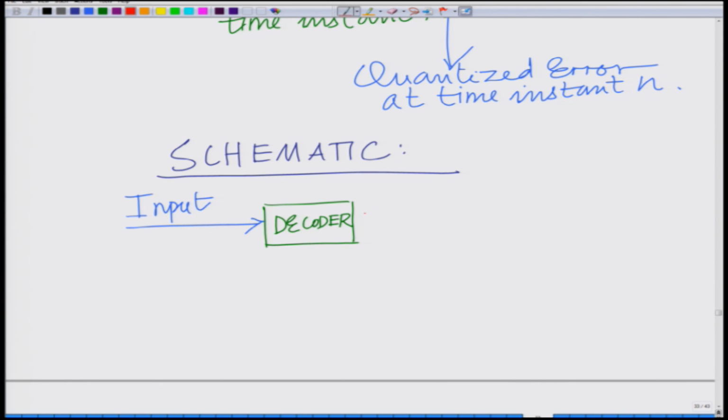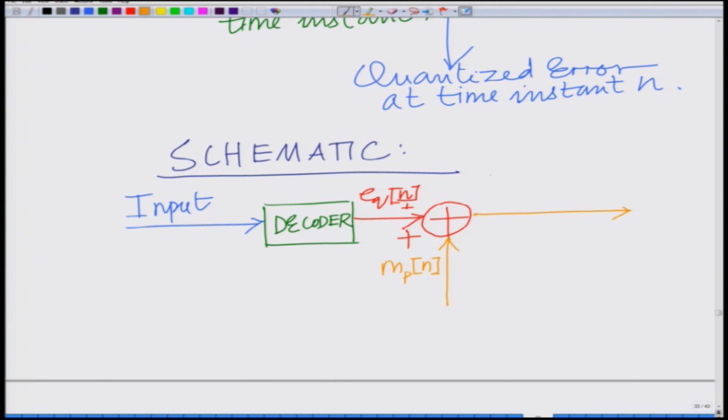You pass it through the decoder, and that gives us again EQ of n, the quantized error. To EQ of n you add MP of n.